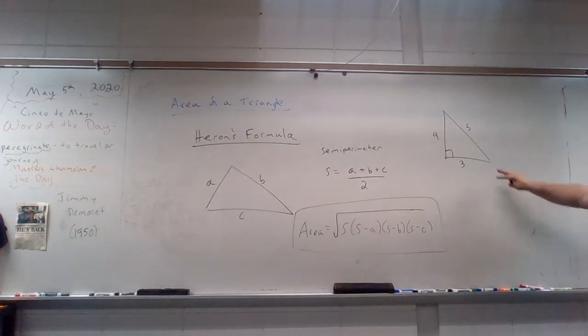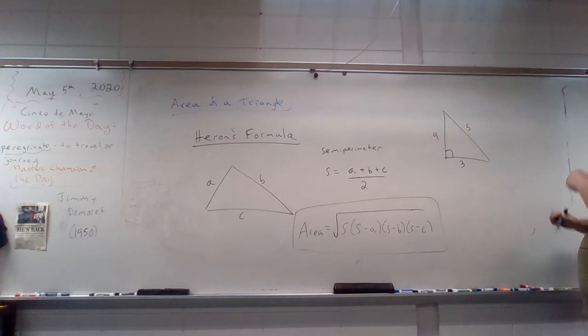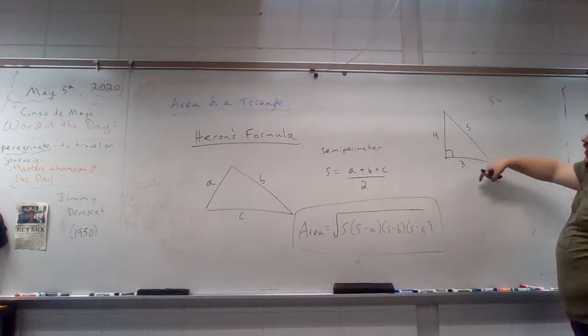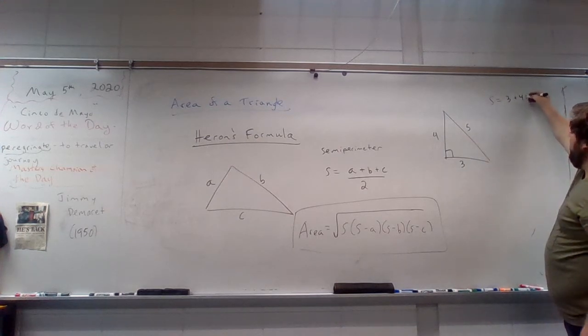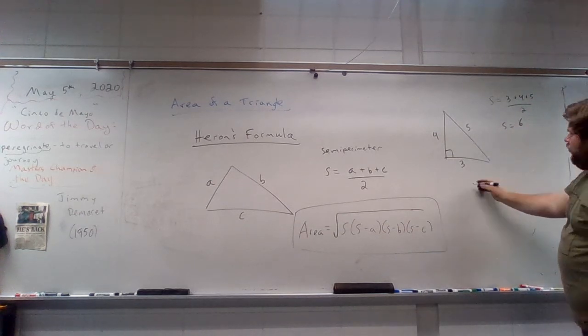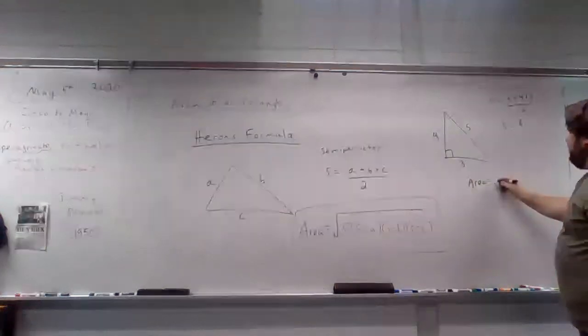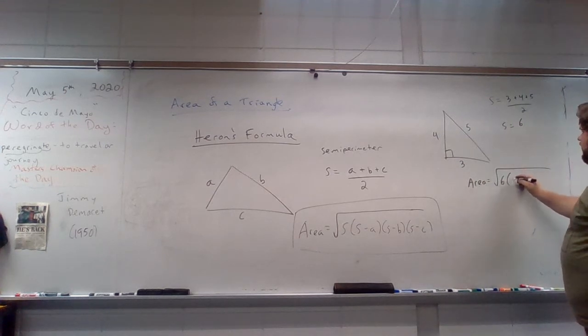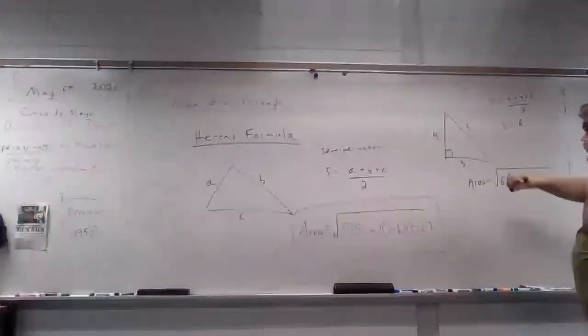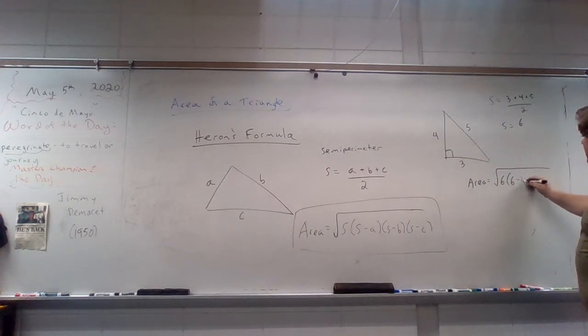Okay, so I want to show that it works for this 3, 4, 5 triangle. I would first compute the semi-perimeter: add 3, 4, and 5 and divide by 2, which is 6. Then I plug into the formula. The area is the square root of 6 times (6 minus 3), (6 minus 4), (6 minus 5).